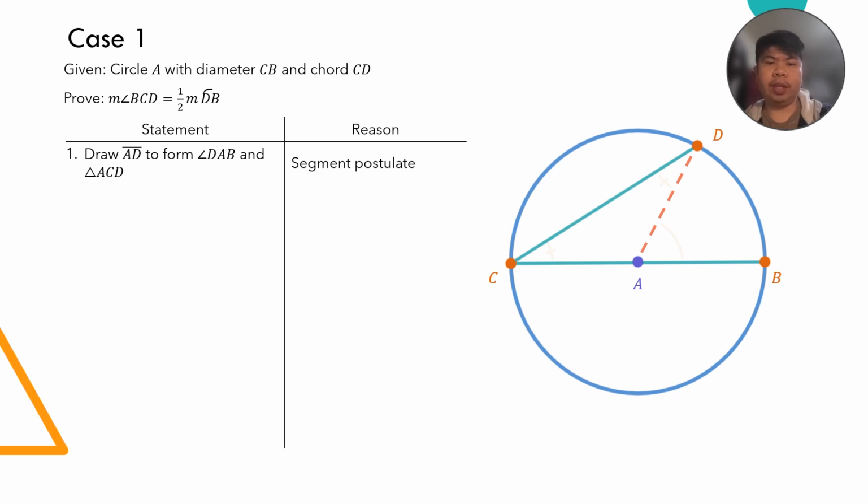So the first step is to draw AD to form angle DAB and triangle ACD. We notice by the segment postulate.